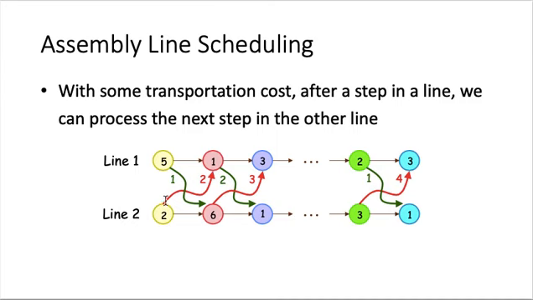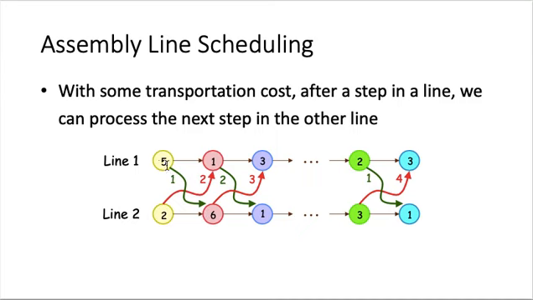But then, with some transportation cost, after finishing a certain step in the line, we can actually transfer the intermediate product to the other line, by using this transportation, so that we can continue the processing in the other line for the next step.